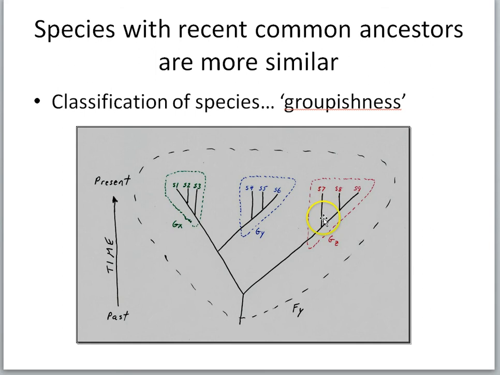So species are groupish, or they possess groupishness because of their evolutionary history, because of this idea of common ancestors splitting off into multiple species, and the amount of time that has elapsed since the common ancestor determines sort of how similar species will be.